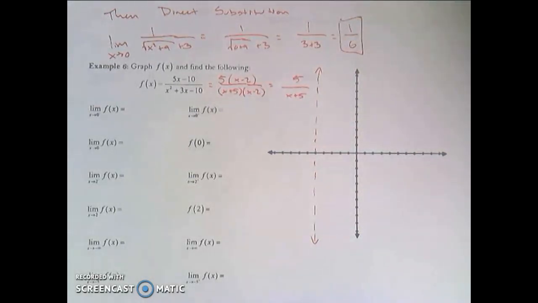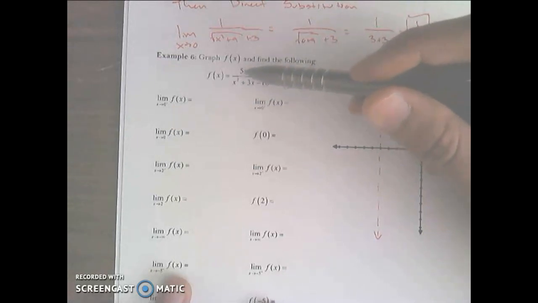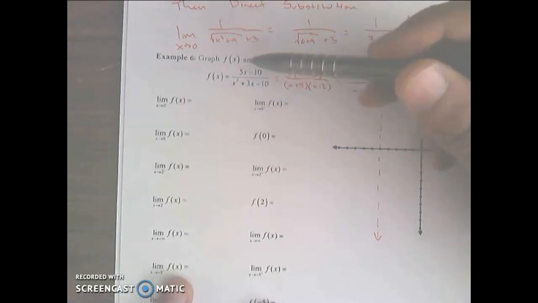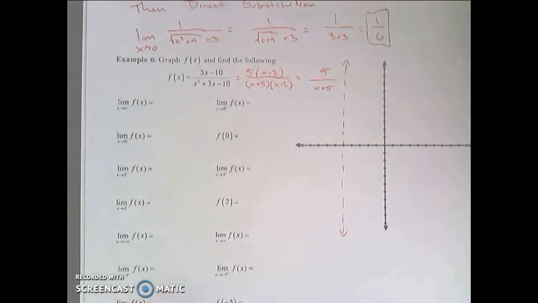Let's see, if we were to find zeros, we don't have any zeros because we've got a horizontal asymptote at y equals 0, right? Because it's bottom heavy, dominant term rule. Let's draw that in.